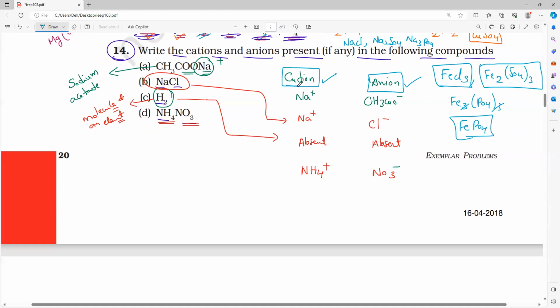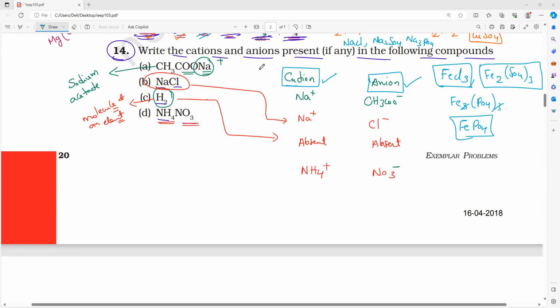As I told you in the last offline class, they will never give you the chemical formula. They will give you the chemical name, and they ask us to write the formula. That is the challenging part of our question paper. If you don't know the proper names, you are not able to get the ions, and if you are not able to get the ions, it is impossible to write the formulas. So we have to be extra careful with the names.